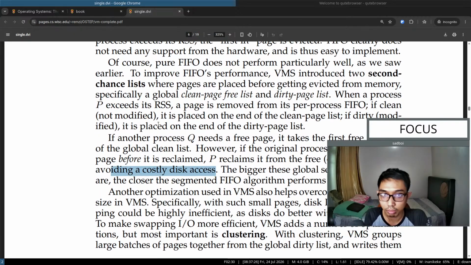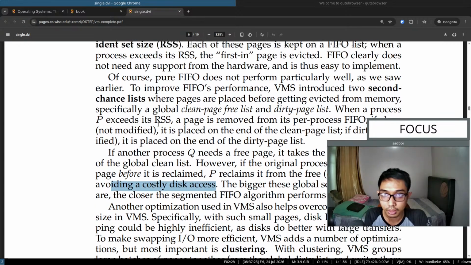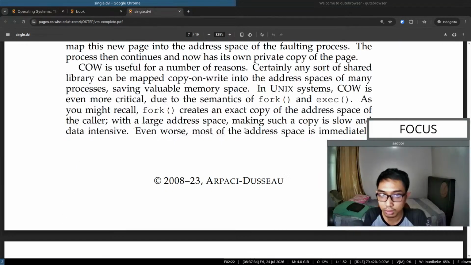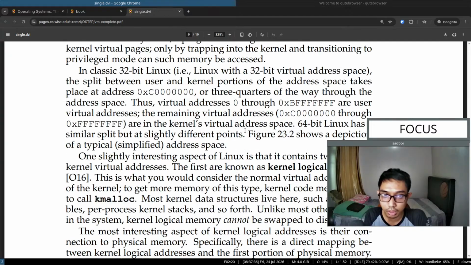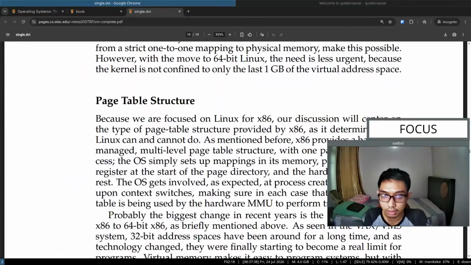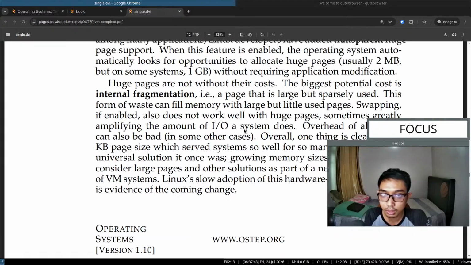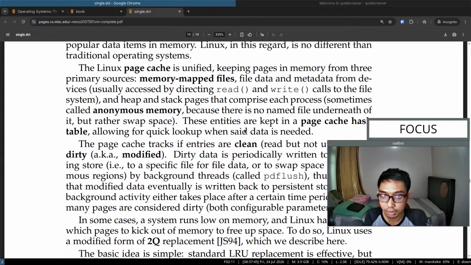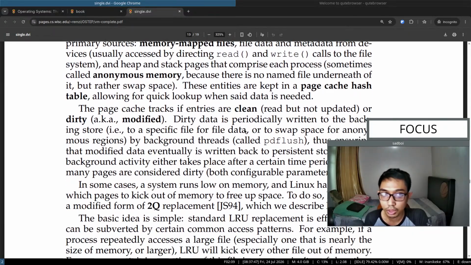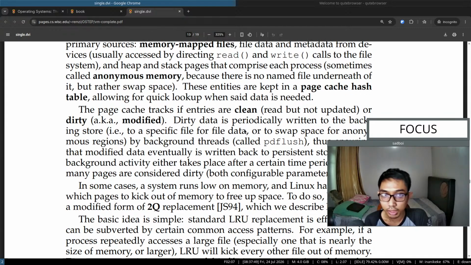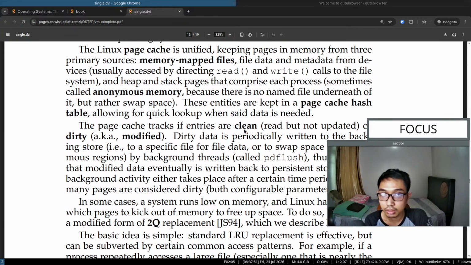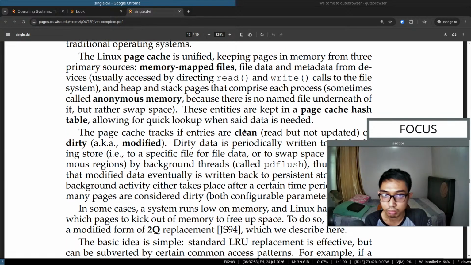So before swapping to this, there's a second chance list, something like that. But on Linux, maybe rather than second chance list, it is the actual list, the main list, maybe, or maybe the same.